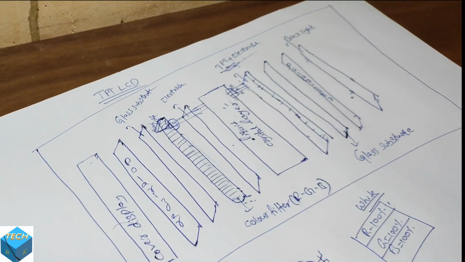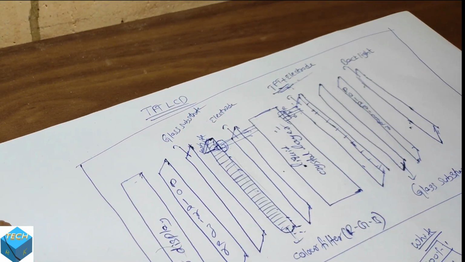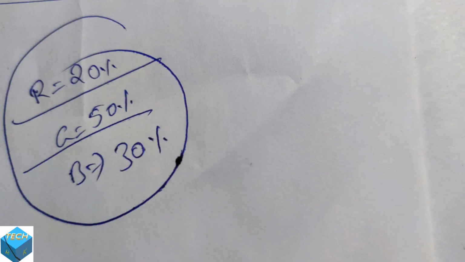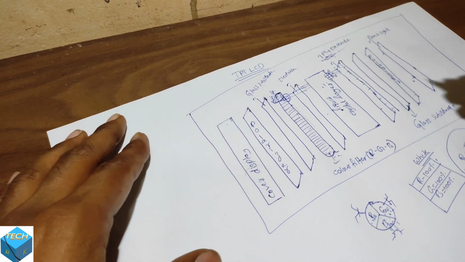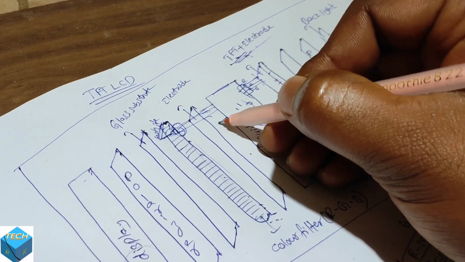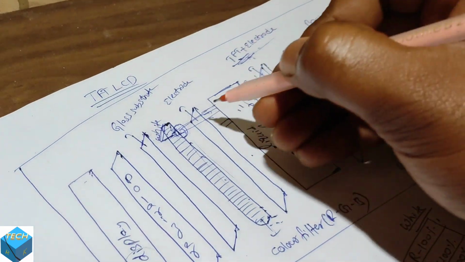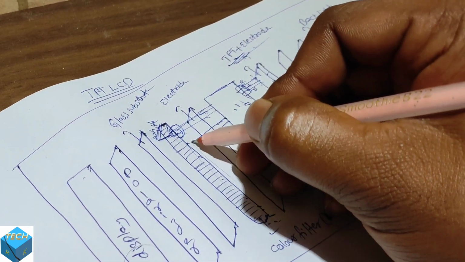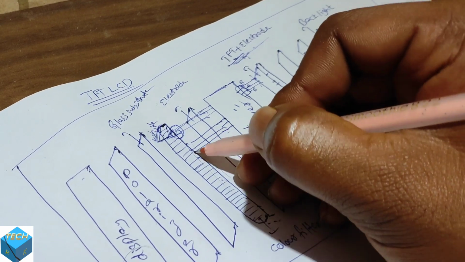For example, if you want yellow color, what is the color combination of yellow color? Suppose let us take red is 20%, green is 50% and blue is 30%. So the 20% of red, 50% of green and 30% of blue from the respective pixels pass to the color filter.